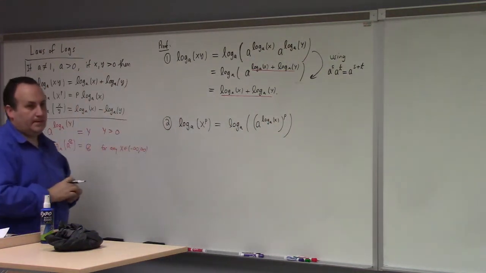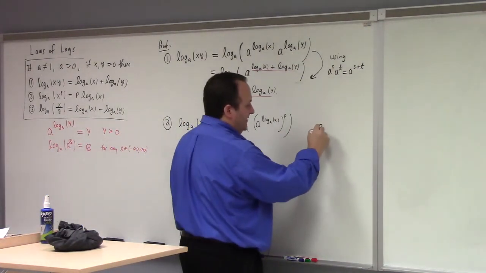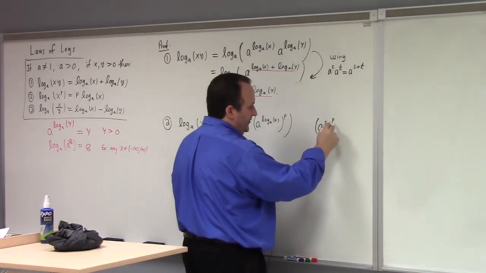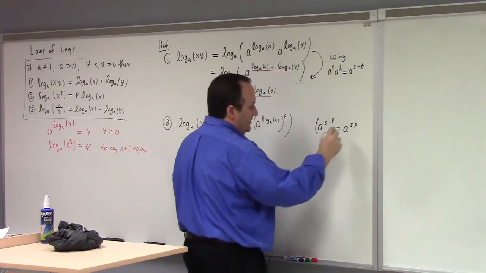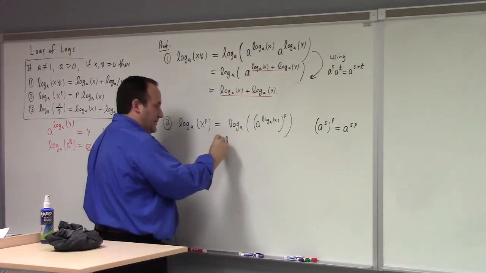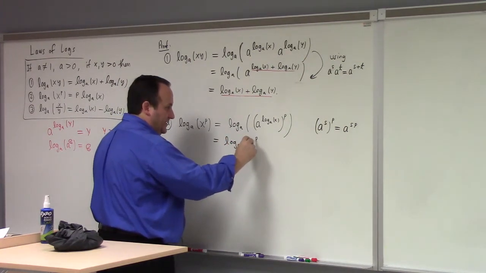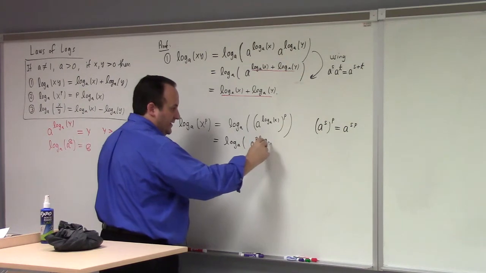Like that. But the thing is that we know that if we have a to the s raised to the p power, we get a to the sp, right? That's a law of exponents. So I use that here, and that gives me log base a of a to the p times log a of x.